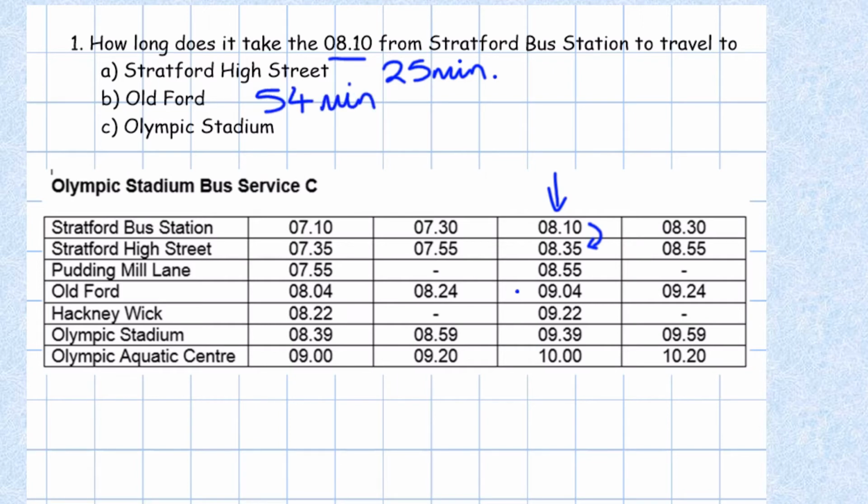Okay, and then I've got to go down to the Olympic Stadium, which is here. So 8:10 till 9:39, so 8:10, 9:10 would be 1 hour, 9:30, 1 hour 20 minutes, plus the 9 would be 1 hour 29 minutes to get there.